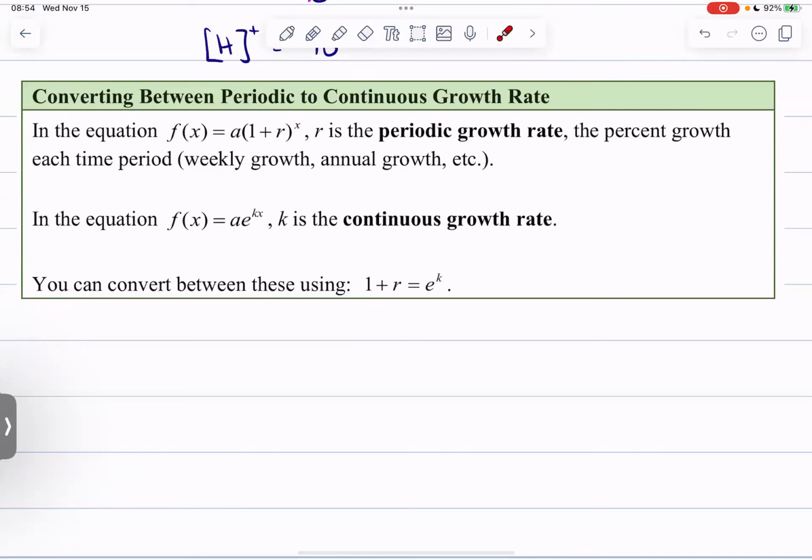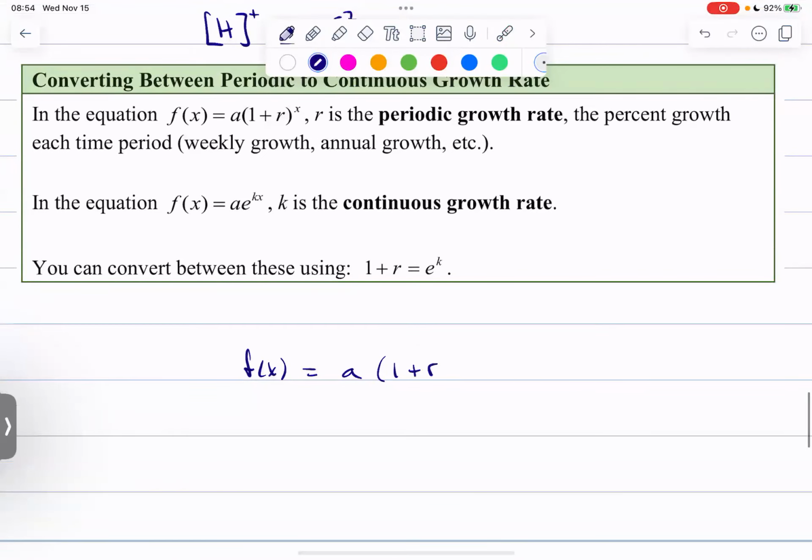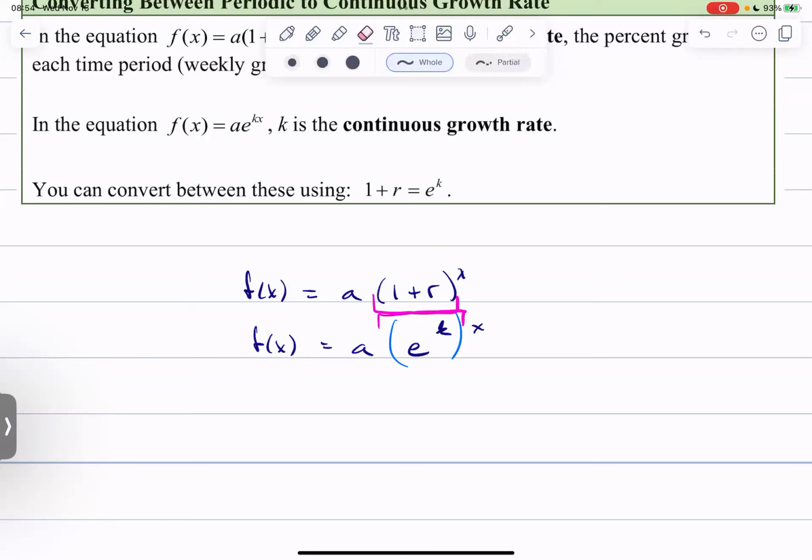So then if we look at compare and contrast, f of x is a times 1 plus r to the power of x versus f of x is a times e to the k times x, writing it nice and lofty so that we can see that these two things are equivalent, right?